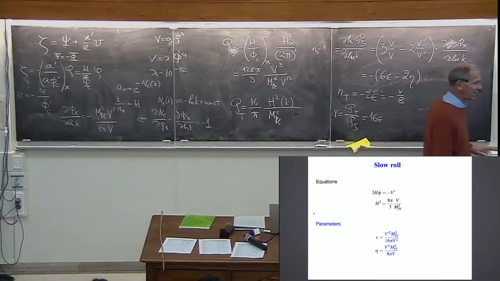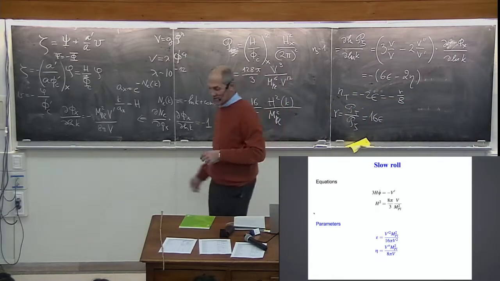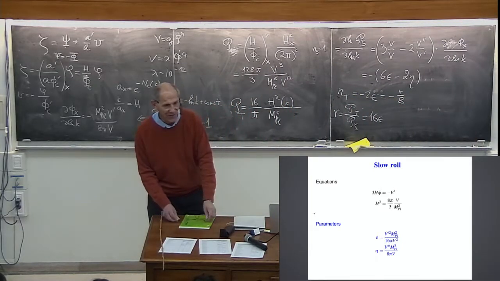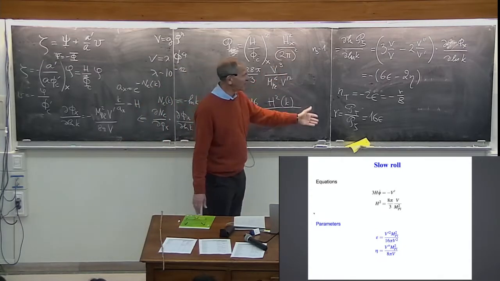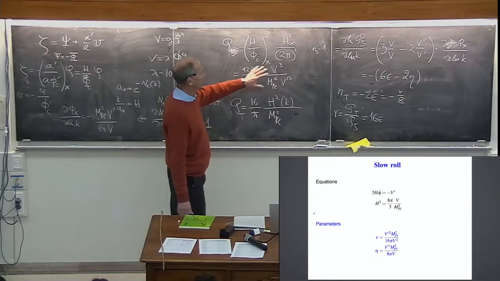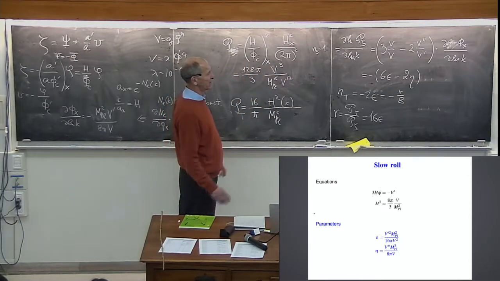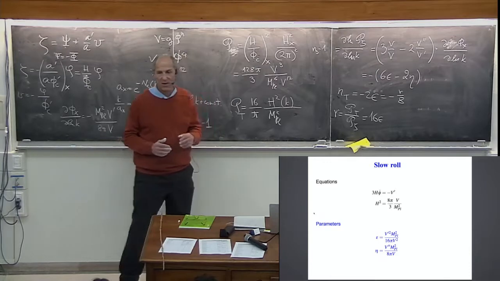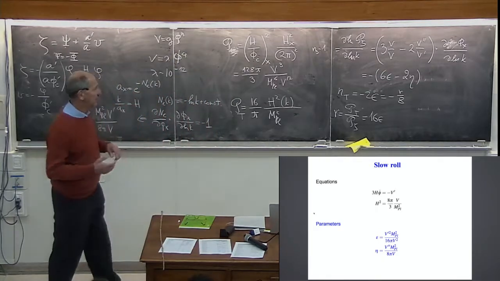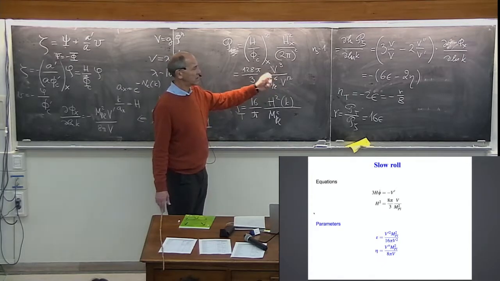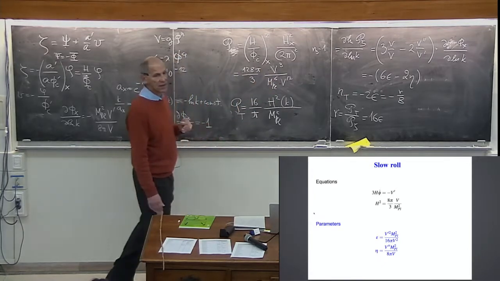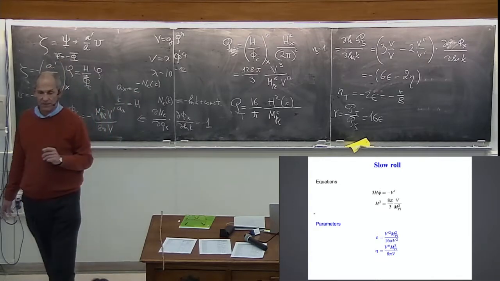I'm not sure I will live to this point. Maybe some of you will. That would be a triumph of simple single field inflation theory. But anyway, single field inflation theory, once you choose your favorite potential, predicts everything. All tilts. The amplitude you don't predict, you need to dial your coupling constants, but all the rest you predict once you have a shape of your potential.